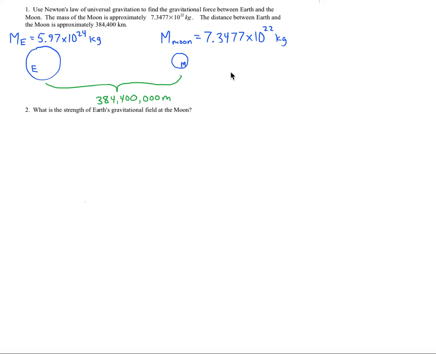Now, Newton's law of universal gravitation has a formula: Fg equals G m1 m2 over r squared. But in our case, it'll be G times the mass of the Earth times the mass of the Moon divided by r squared.